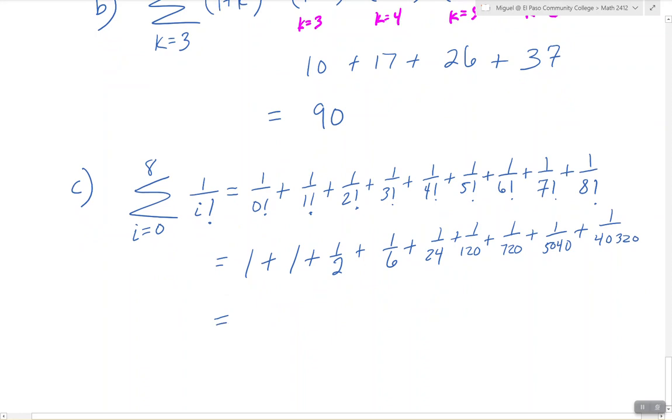So adding all this up, we'll get a decimal approximation of 2.71828.